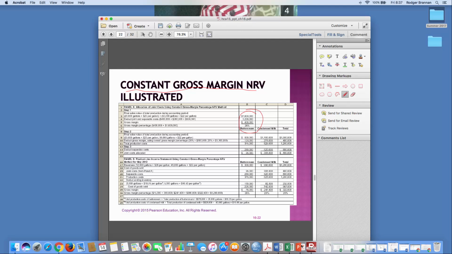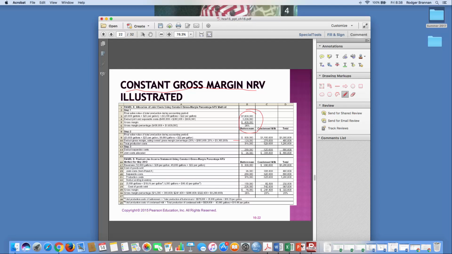Well, the constant gross margin method is really a series of subtractions. The first is to subtract out the gross margin. We're going to guarantee them the 25%. So of that 500,000, what's going to be left is basically the joint cost we're going to allocate.